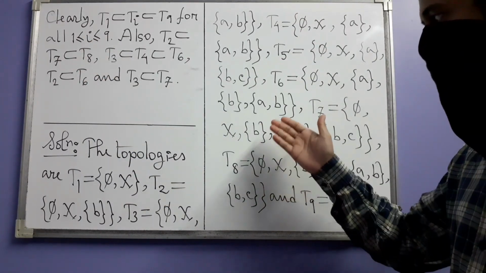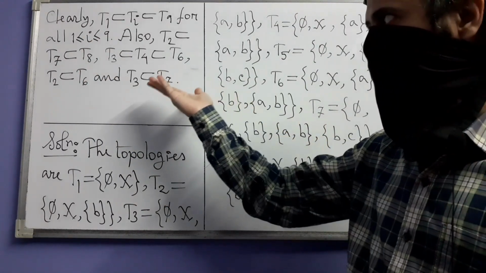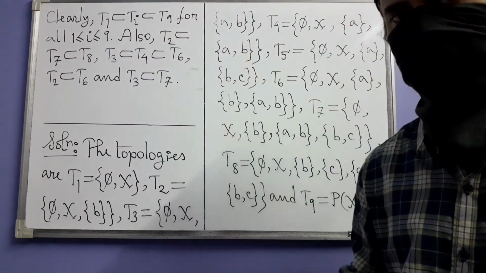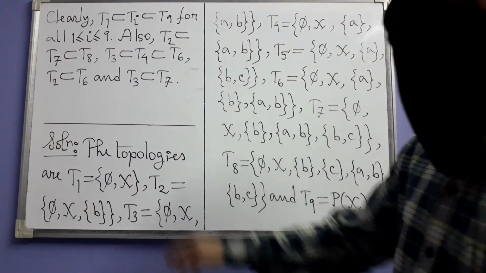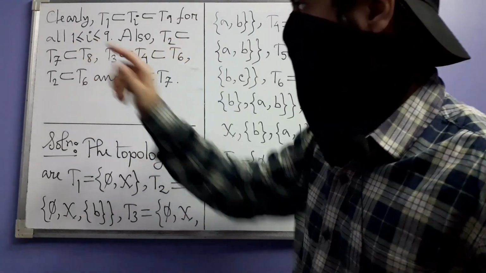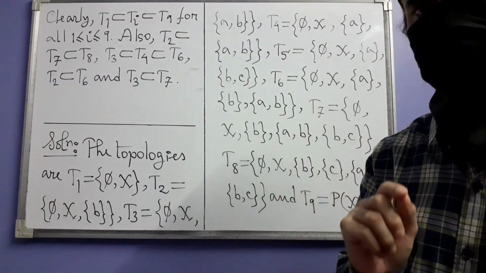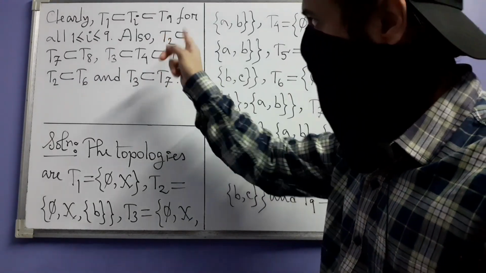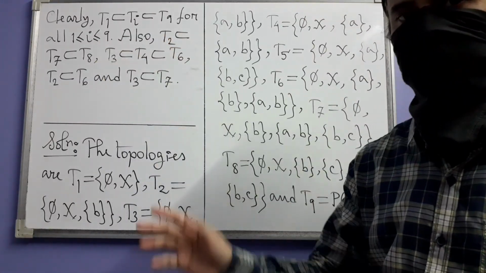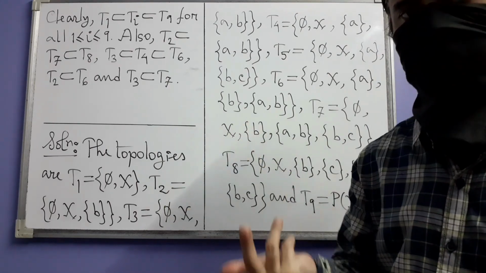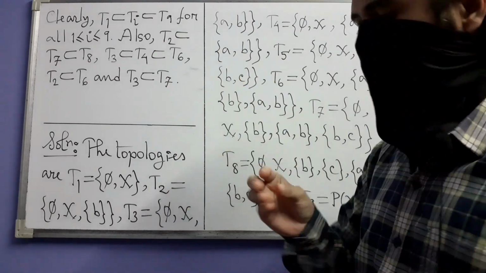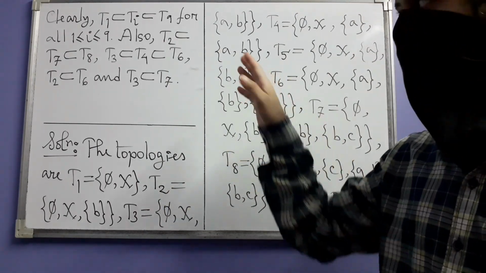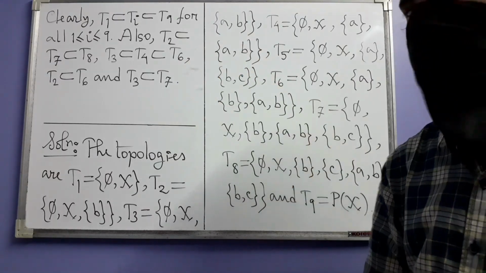I leave the actual verifications of these containments to you, which you can just simply check. These containments also automatically imply that T2 is coarser than T8. So there is no point writing every possible pair.